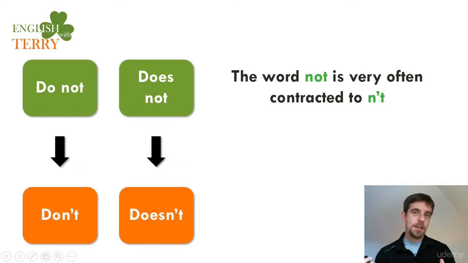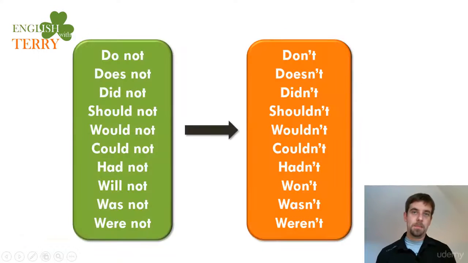When we look at the negative of a verb, we have two examples here: do not, don't; does not, doesn't. The word not is very often contracted to n't, and we see this all the time in English. Do not, don't. Does not, doesn't, didn't, shouldn't, wouldn't, couldn't, hadn't, won't, wasn't, and weren't.